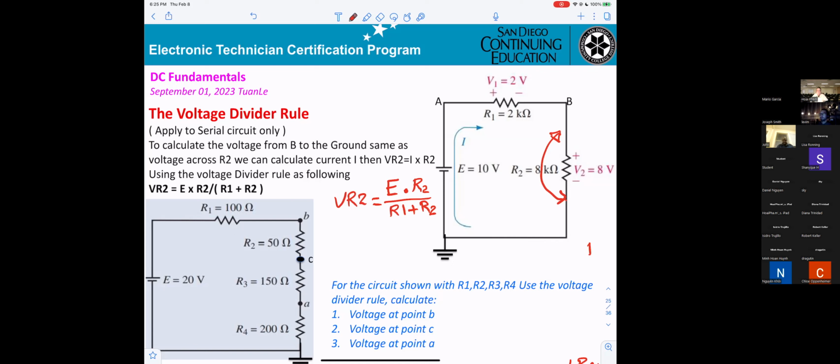Then you can get the VR2. That's what they call the voltage divider law. That can save you the time to calculate the current.